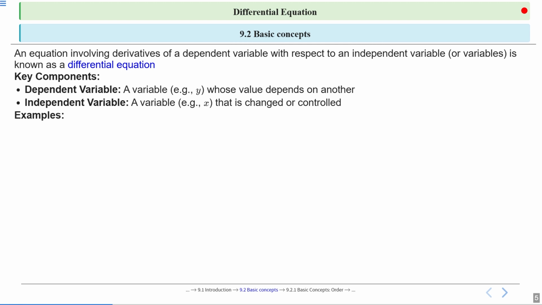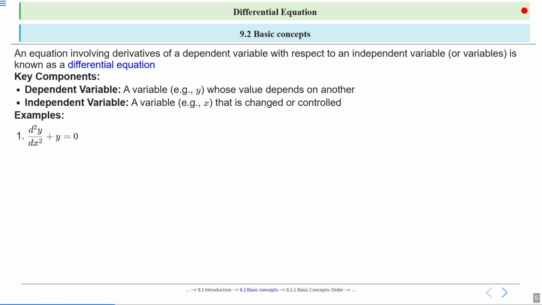Some examples of differential equations. First one is d2y by dx2 plus y is equal to 0. This is an equation, and in this equation there is a term d2y by dx2, which is a derivative of the dependent variable y with respect to the independent variable x.